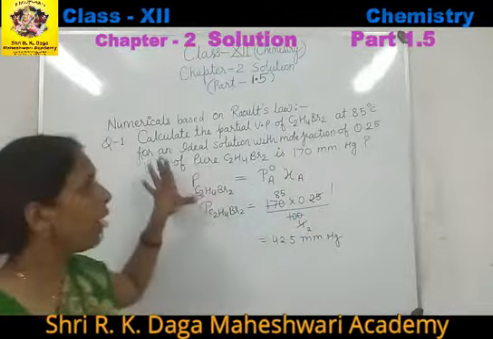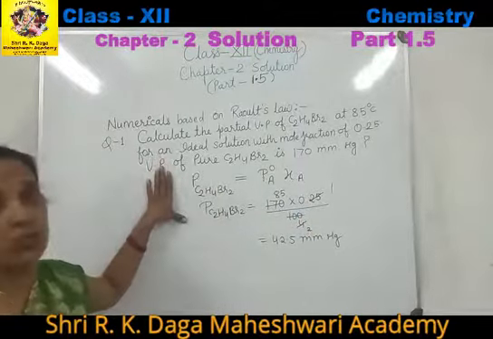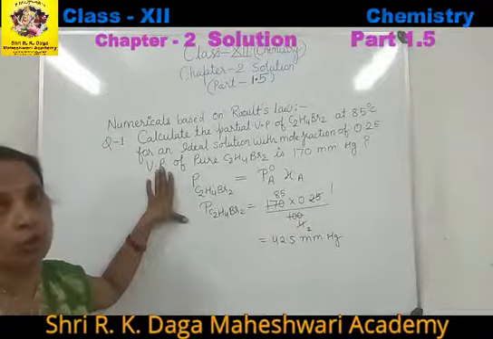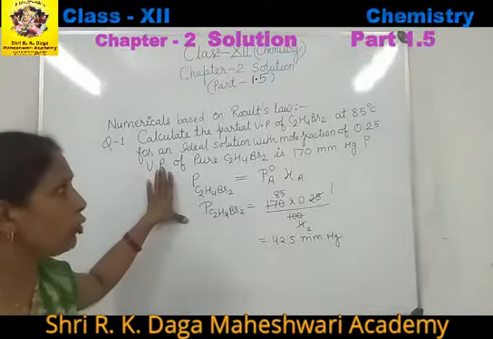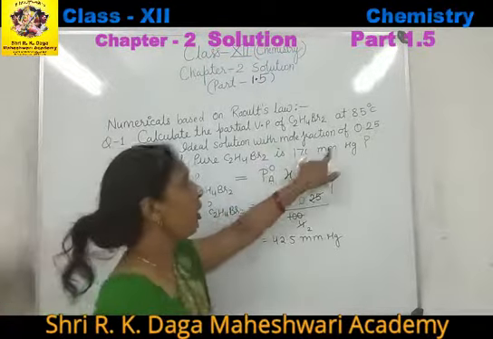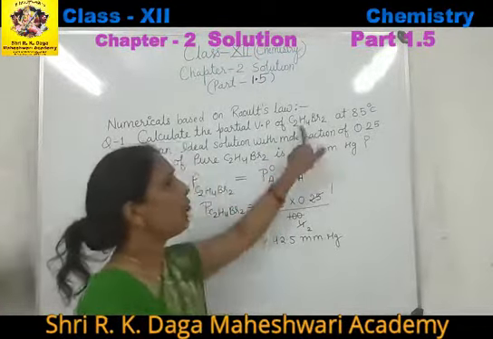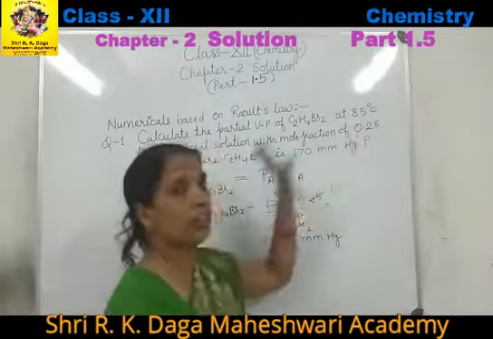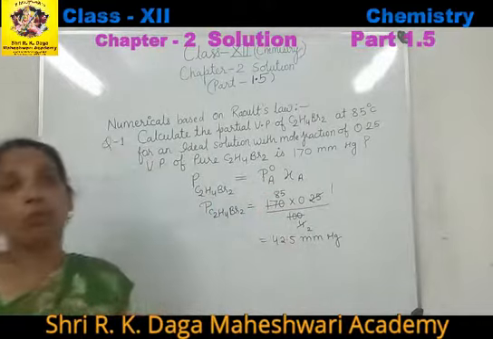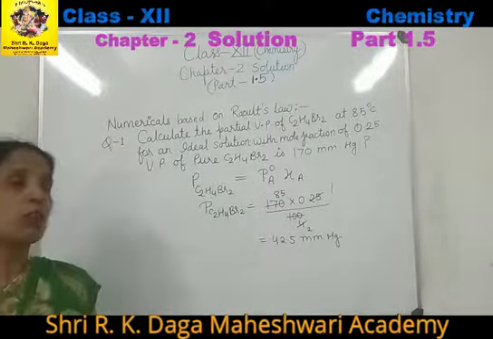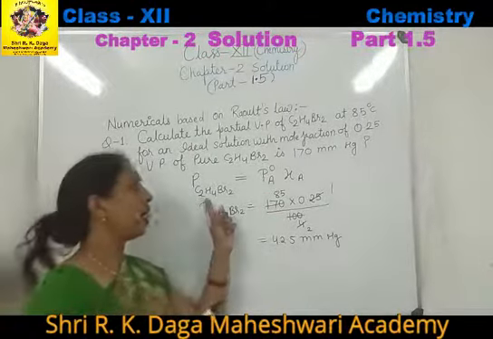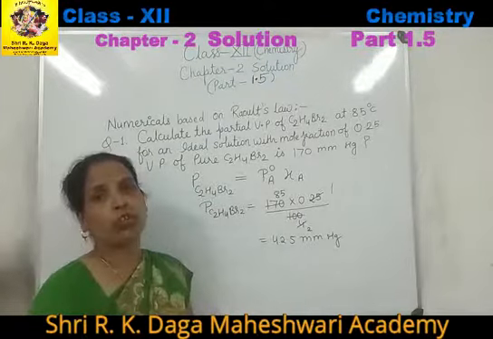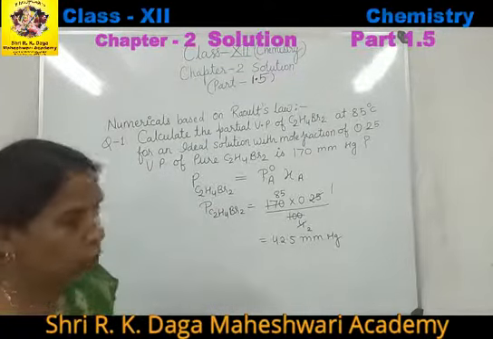This numerical is based on Raoult's law for the solution containing a non-volatile solute, because only the vapor pressure and mole fraction of 1,2-dibromoethane are given. There is nothing about component B or the second component. So in such a condition, I am applying Raoult's law for the solution containing a non-volatile solute.